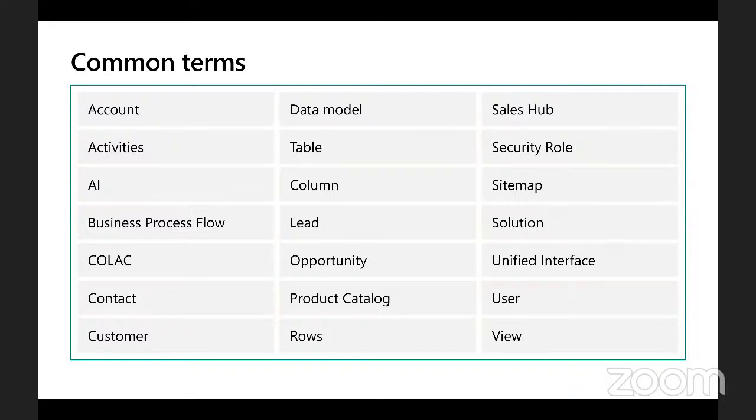In Dynamics 365, you also have AI capabilities. For those of you who haven't heard of AI, we're talking about artificial intelligence. You now have the capability in Dynamics 365 which allows the sales teams to look at opportunities which are high risk, and to look at leads which need revisiting.